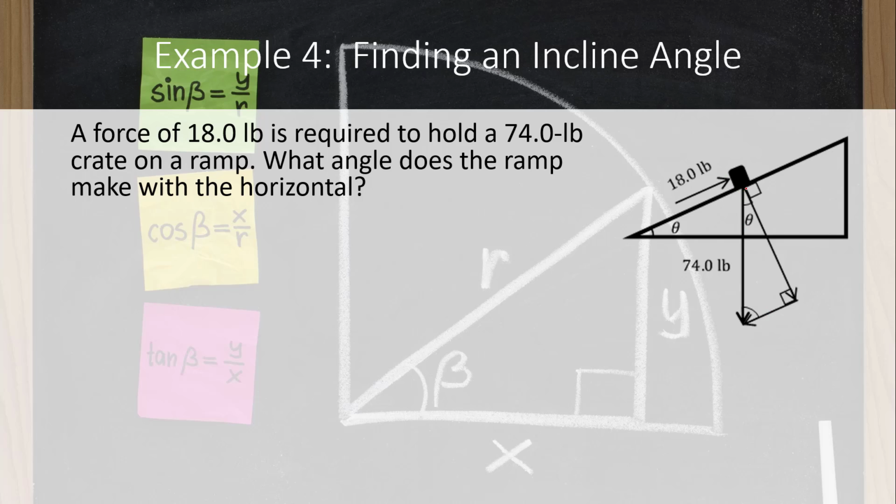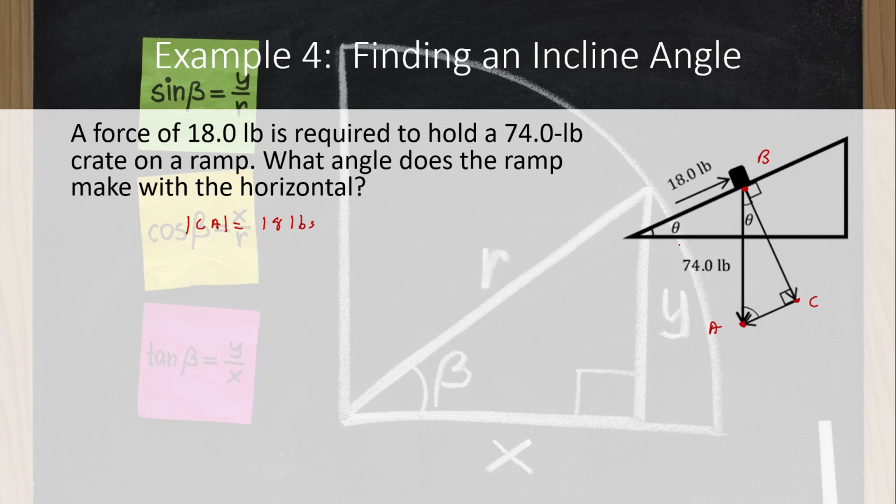Now let's go ahead and name some points. We can call this point over here A, B, and C, just like we did in the last problem. And if that's the case, then we want to make sure that the magnitude of CA is equal to 18 pounds. That's what we want. We want to find that value theta that makes that happen. Well, just like before, if this angle is theta, this angle is theta.